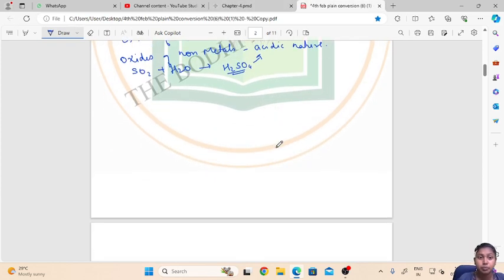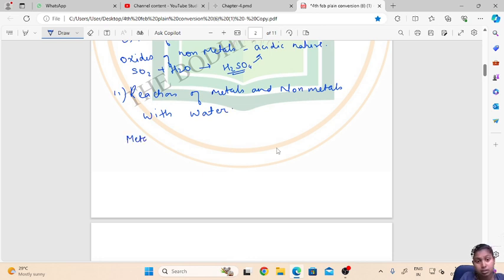So, what is the reaction? The second one is the reaction of metals and non-metals with water. So what happens with water?